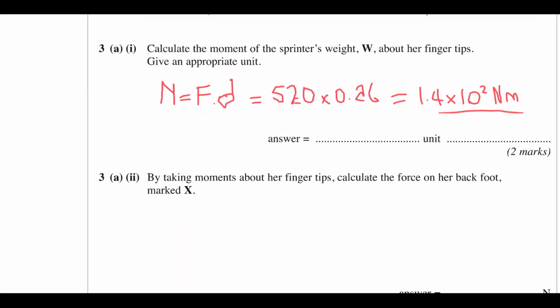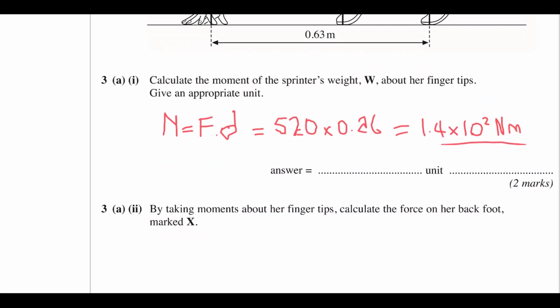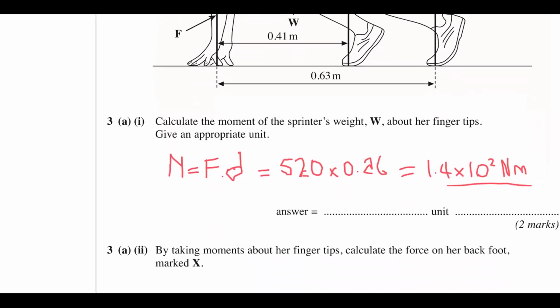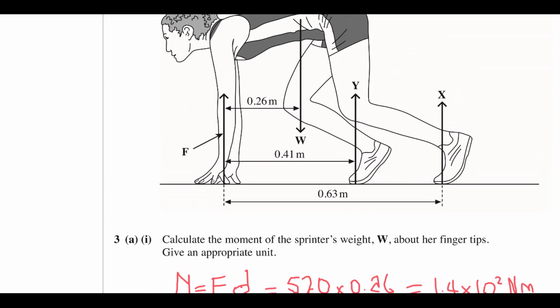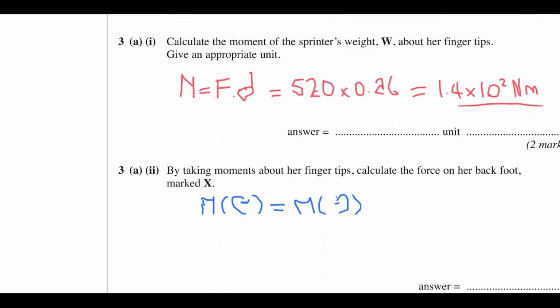Then by taking moments about her fingertips, calculate the force on her back foot X. So essentially, because she's stationary, we can apply moments in equilibrium. So the moment going clockwise must be equal to the moment going anti-clockwise. If we look at the diagram, you can see X and Y are acting to rotate anti-clockwise, and W is acting in the opposite direction.